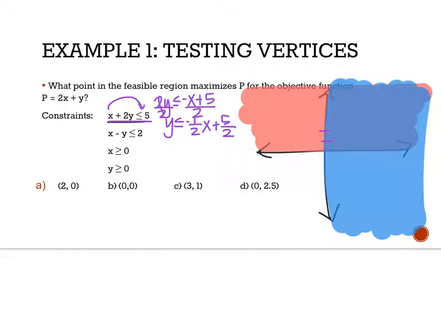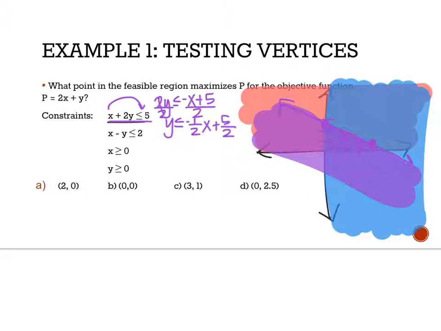So you're actually going to go up 5/2, which is 2.5, and put a point. And your slope is down 1, right 2. And then down 1, right 2. And that's going to be a solid line. And it's less than or equal to, so we're going to shade below that line.